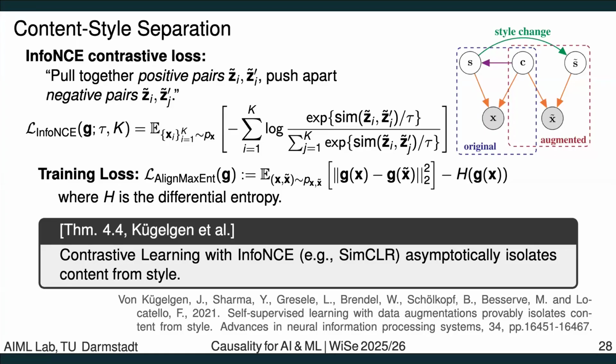So basically, this was shown before with SimCLR, that it works really well if you have that kind of data, that it really disentangles content from style. And this paper showed with a causal setting why this is the case. And for all these contrastive learning settings, you can probably do a similar proof.